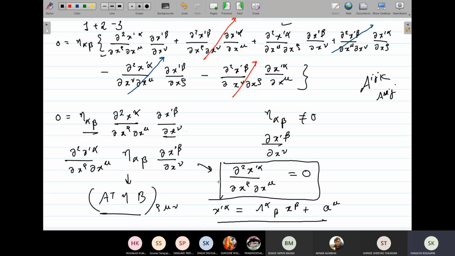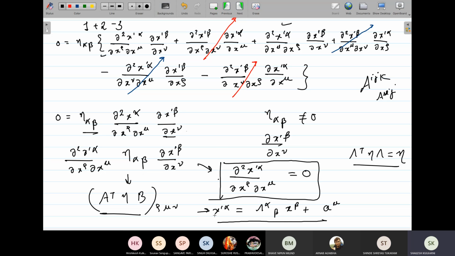From this we conclude this, but it still does not prove that this is a Lorentz transformation, because for a Lorentz transformation this must satisfy this condition, right? This lambdas must satisfy this condition. This tells us that this is a linear transformation.